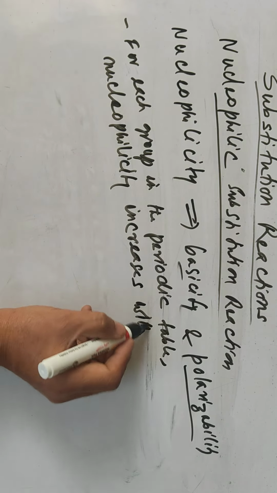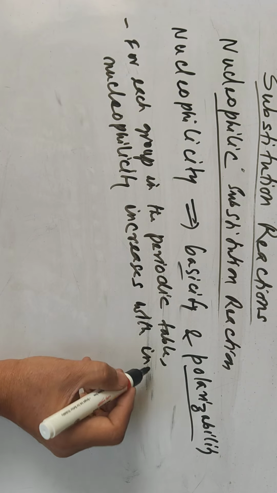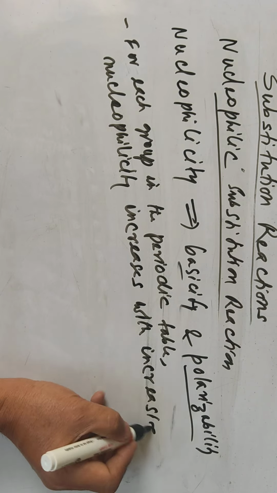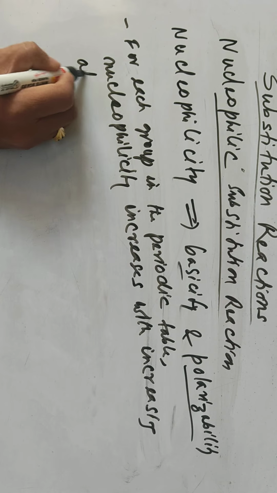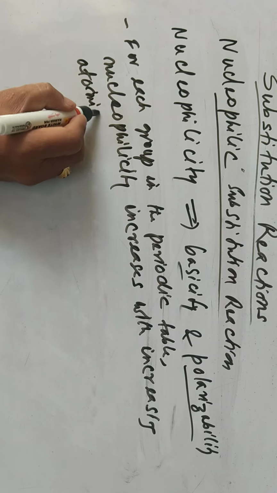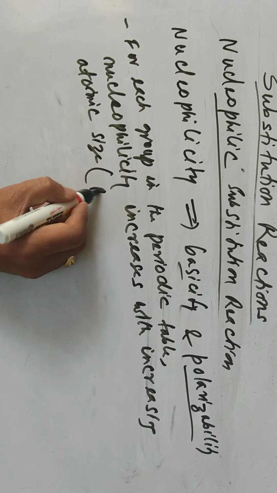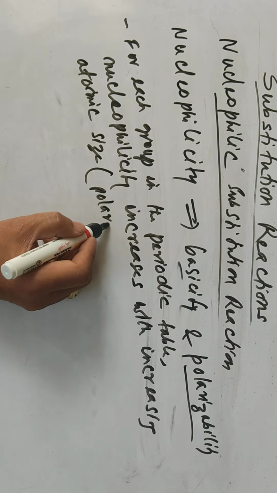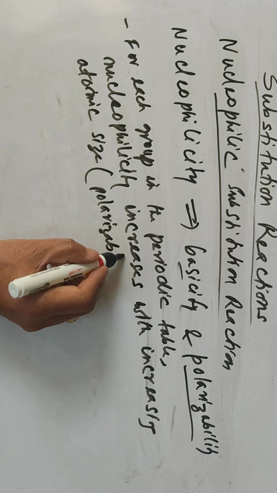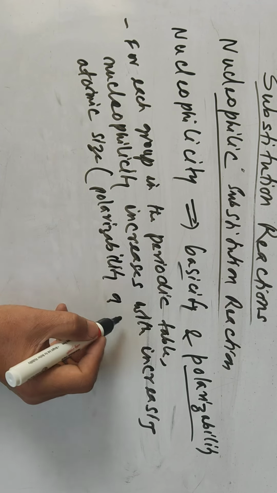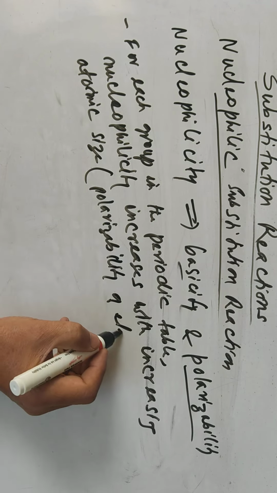This is polarizability, the ability to distort the electrons.